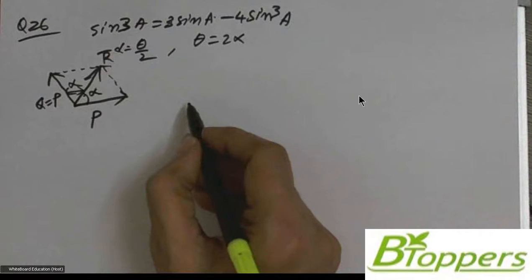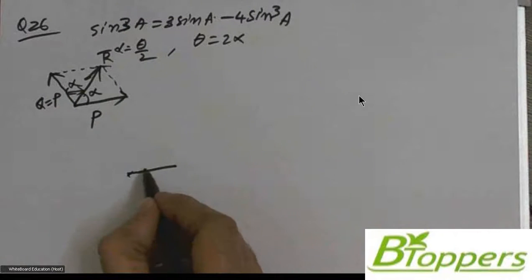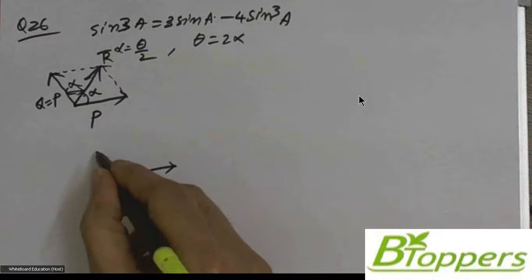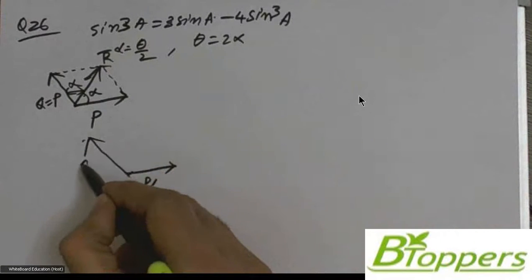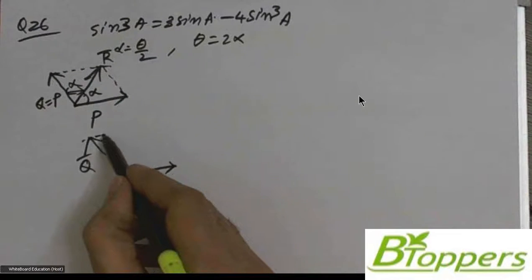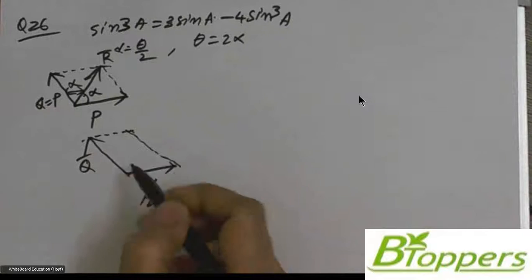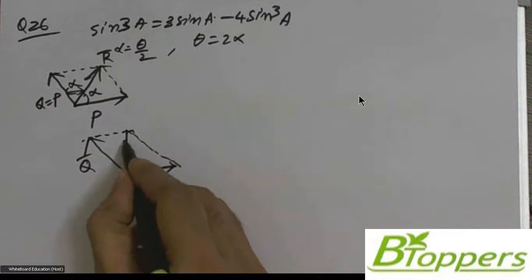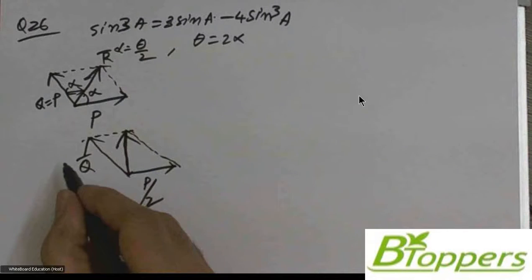It is given that when one of the forces is made half, let us suppose the magnitude of the first force is reduced to half of the previous value, the angle which the resultant makes with the other force becomes half. So in the second case, P by 2 is the magnitude of one of the forces.